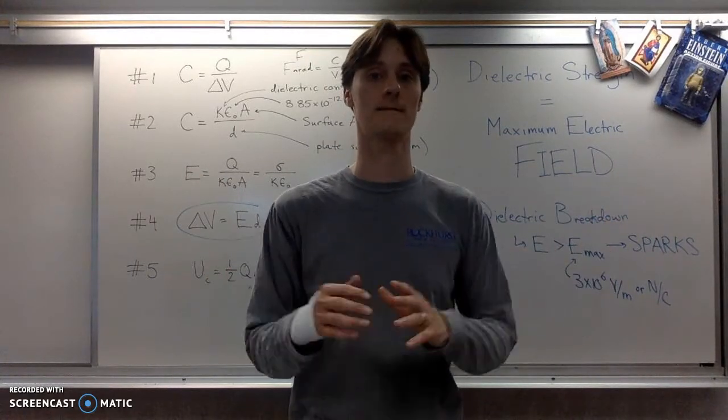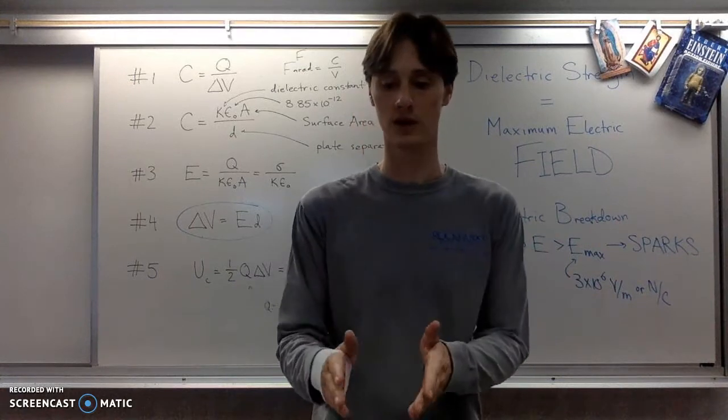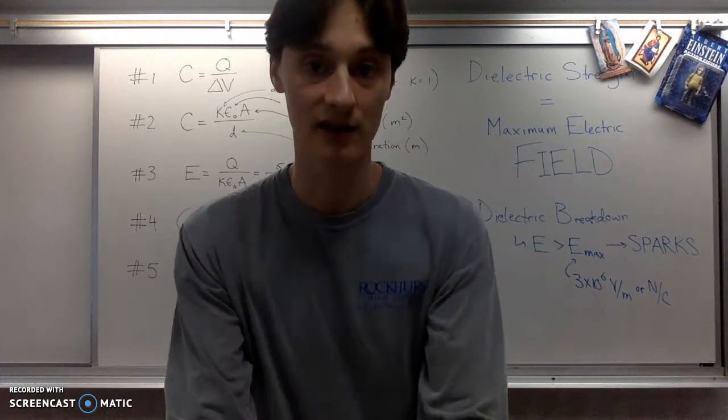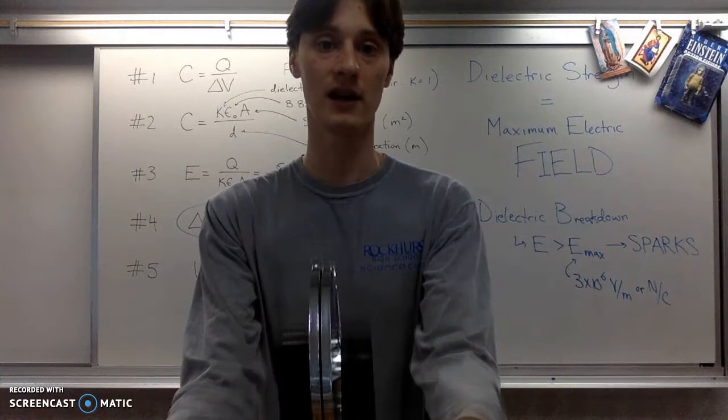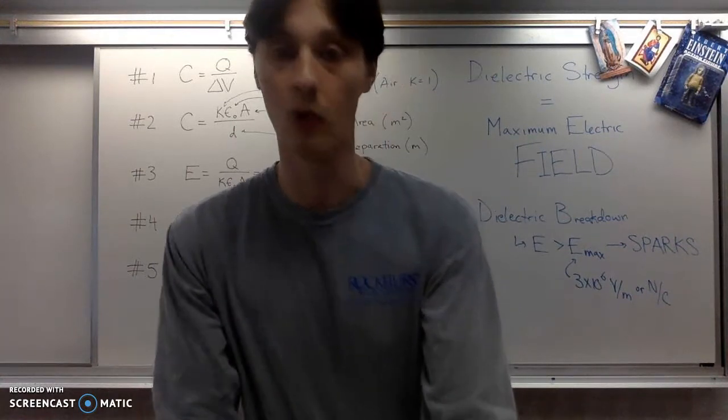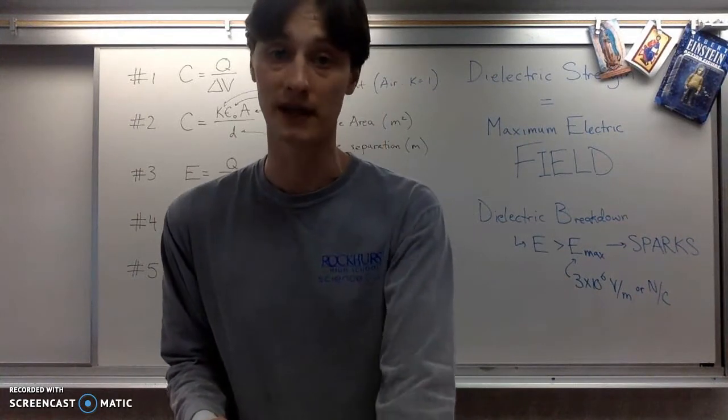in order to get a spark that is a meter long. All right, so for the capacitor that I held up earlier in the video, those plates are only a millimeter apart.